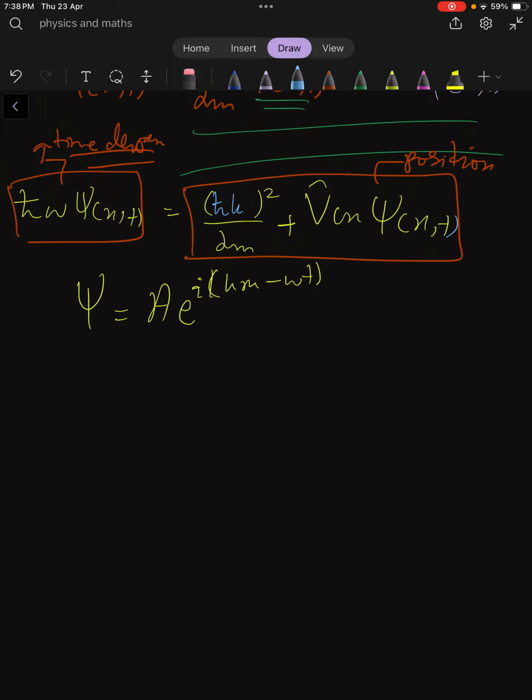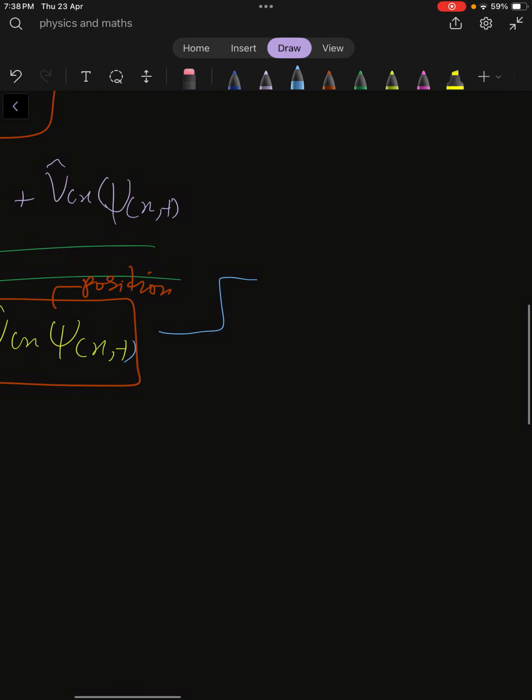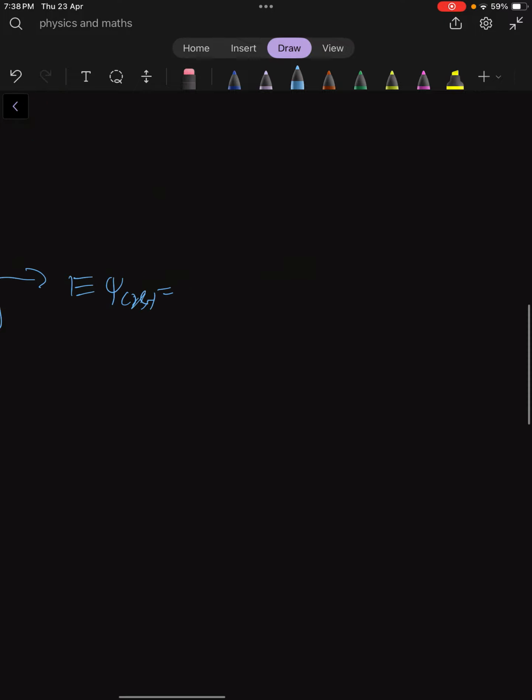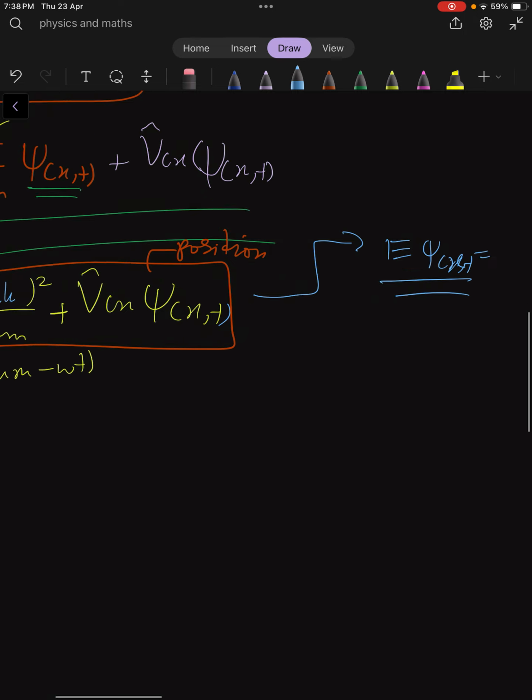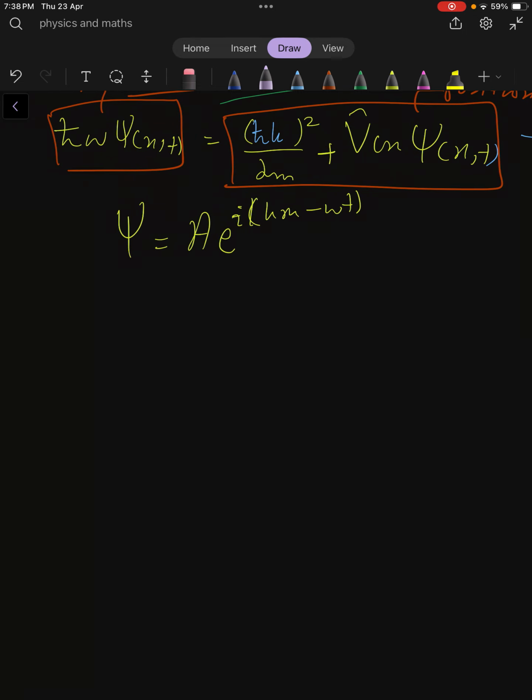If I don't expand this, I'll tell you what I did. d psi by dt, not with respect to time first, we'll do with respect to position. You'll know what I'm doing.